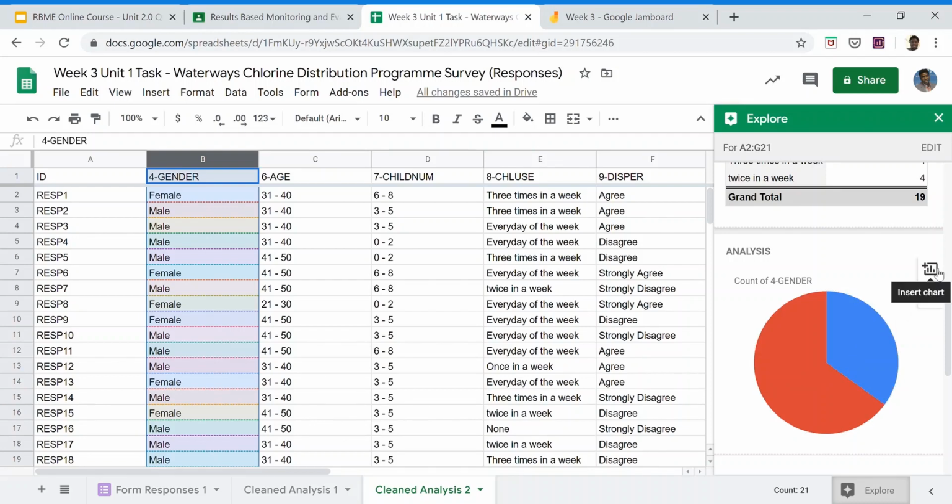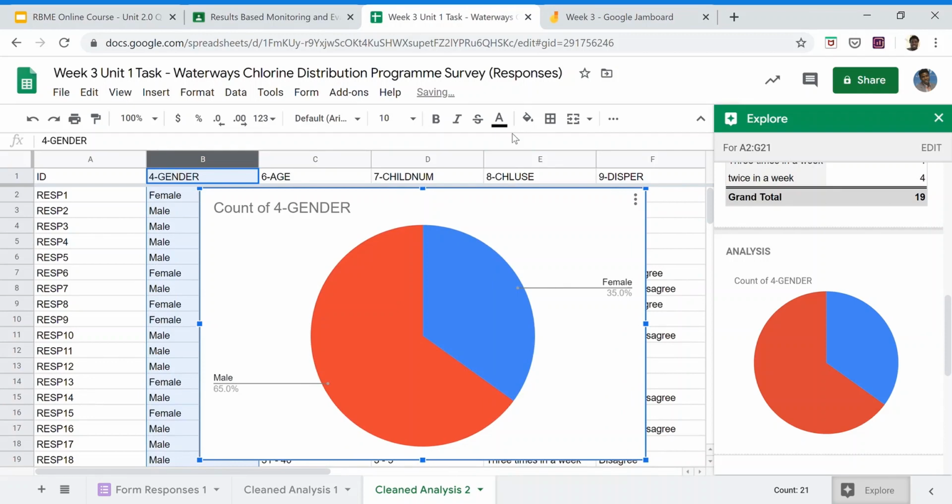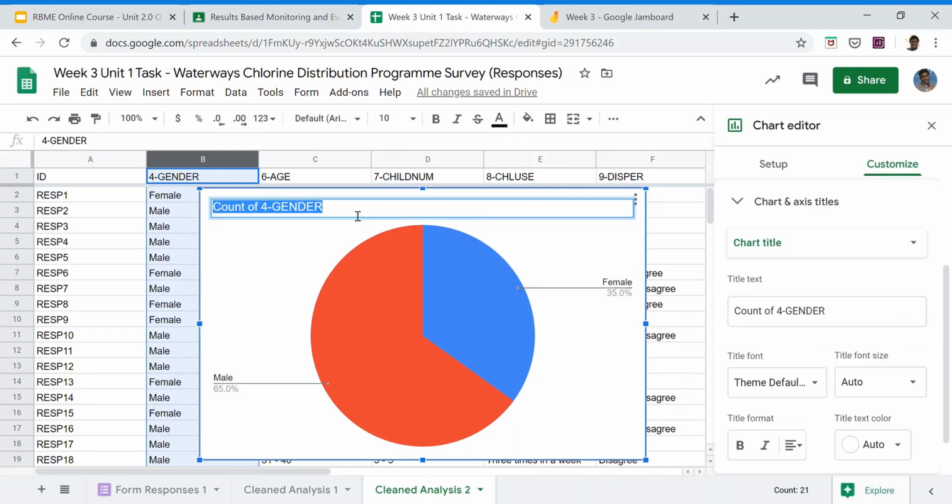I might be interested in this, so I can click on insert chart, and one of the ways I can maybe delete this if I want.